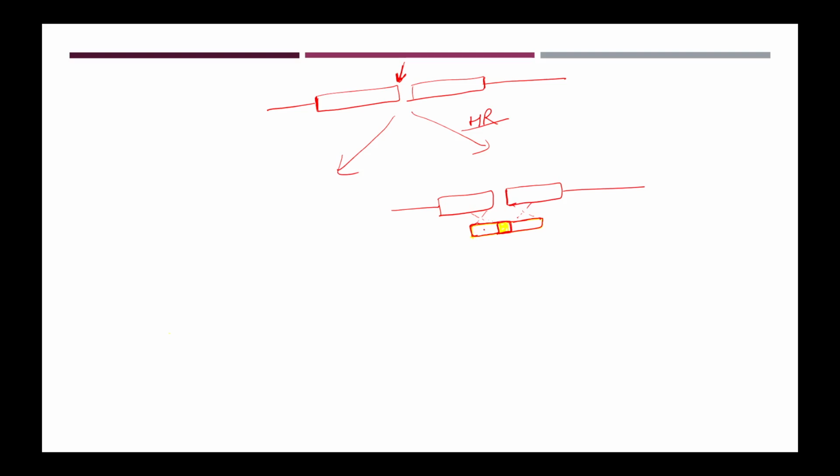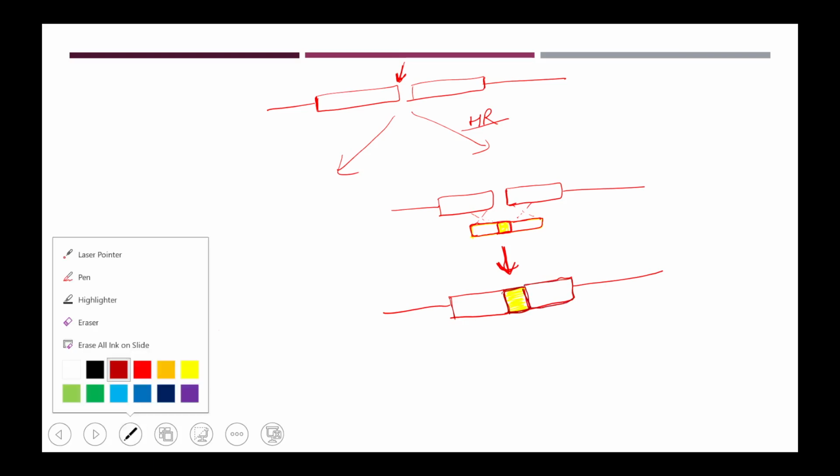Via getting the homologous region here, the HR will be active here, and now in your particular gene of interest, this extra mutant is now incorporated here.